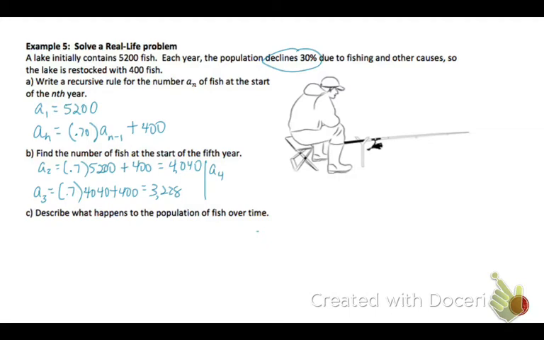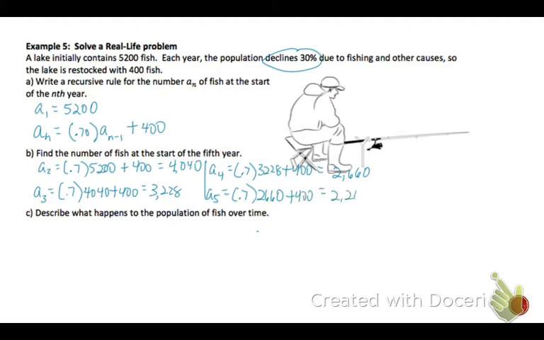At the start of the 4th year, we've got that amount and 70% of that plus the 400, which will give us 2,660. And at the start of the 5th year, we have 70% of that plus those 400 fish.